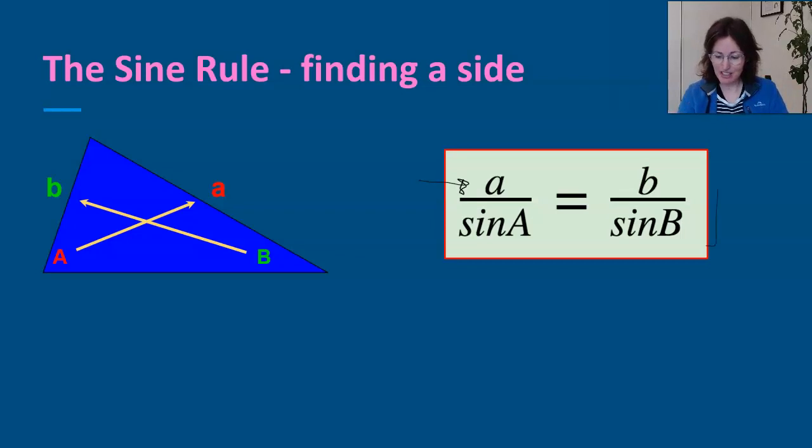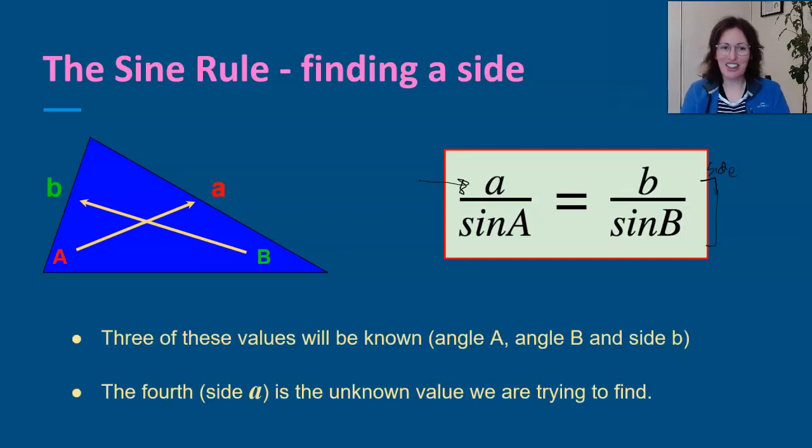And on the right-hand side of the equals, another pair, the side at the top and then the angle at the bottom. So three of these values will be known when we come to solve one of these problems. For example, it will be two of the angles that you will know and one of the sides, leaving one of the sides unknown, that fourth unknown value, and we'll call that side a.